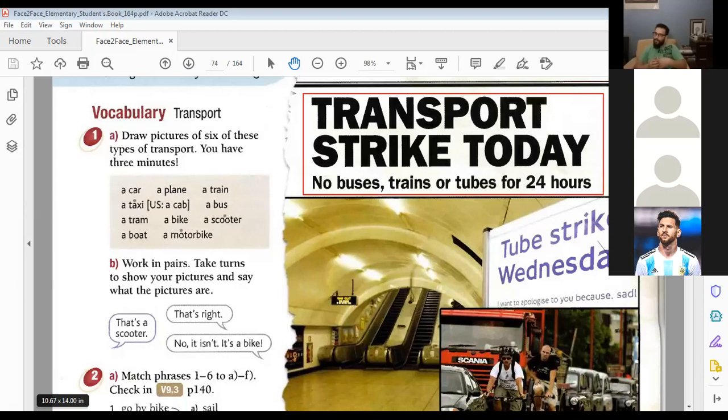You mean the captain or the sailor? No, here we're only talking about buses, trains, and tubes only. Okay. Yeah, because maybe of overcrowded people. Okay, maybe they're overcrowded, yeah.